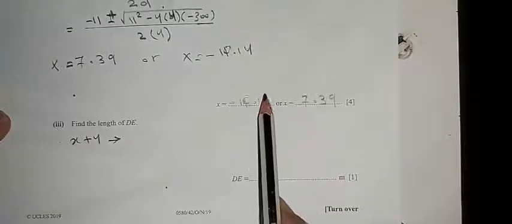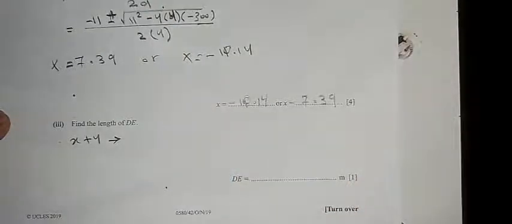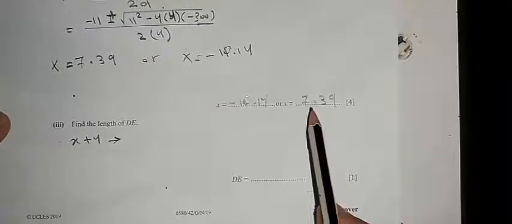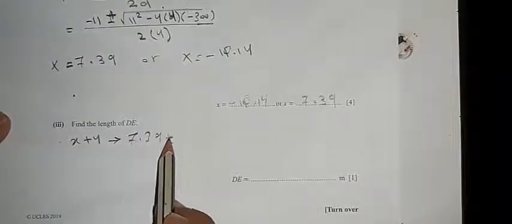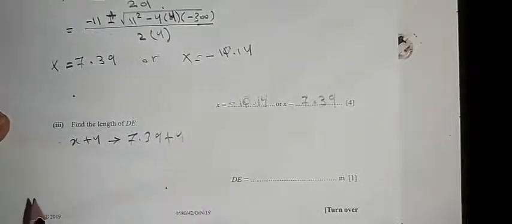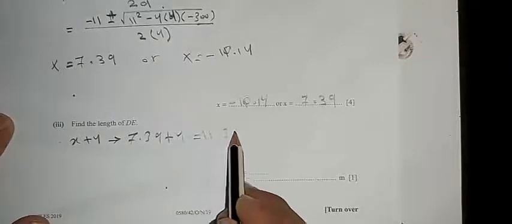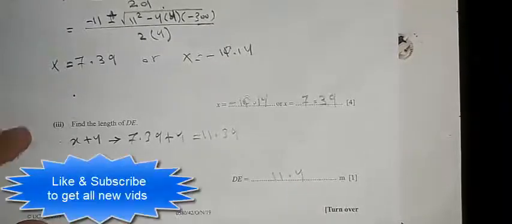We can't use the negative value because this is the length of a side and it can't be negative, so we will use 7.39. 7.39 plus 4 is 11.39, or we can round it to one decimal place, 11.4.